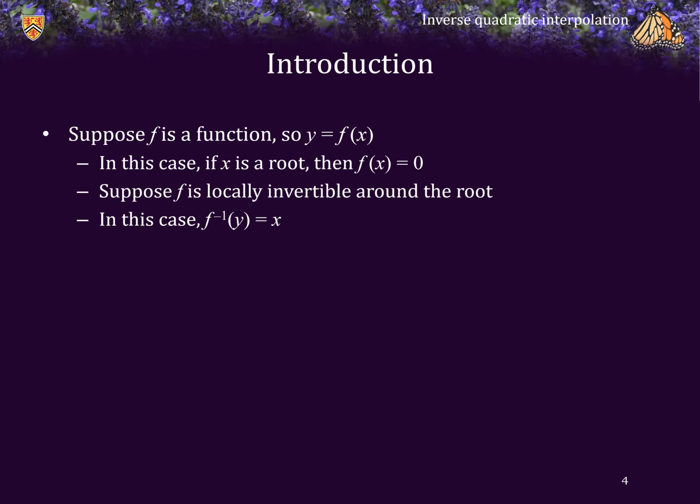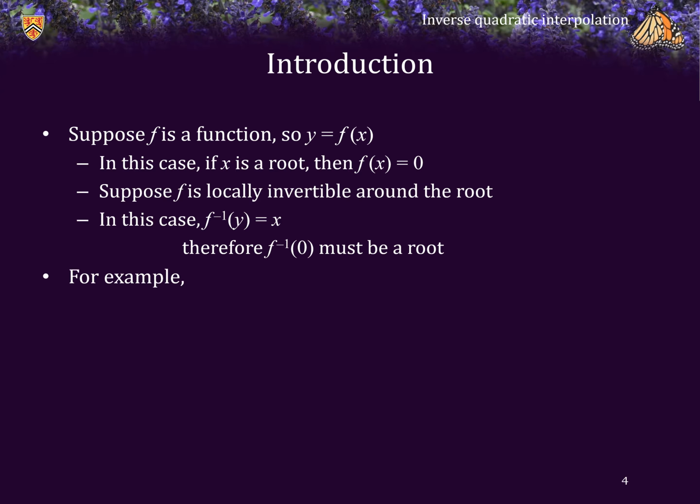So consequently, we can find a function f inverse of y equaling x. However, if this is the case, then f inverse of 0 must be a root of f.